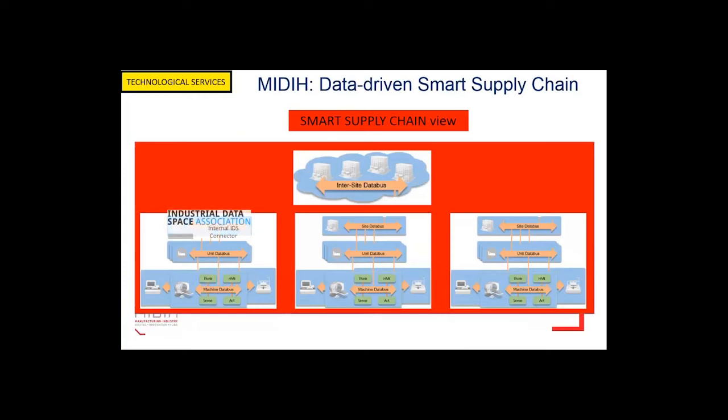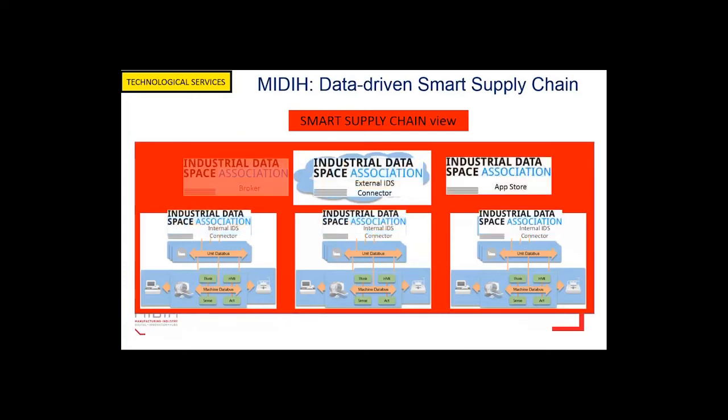In the smart supply chain, it is quite well appreciated the usage of the Industrial Data Space Association reference architecture. You could download it from the Industrial Data Space portal. This is a reference architecture, and so you should be compliant.